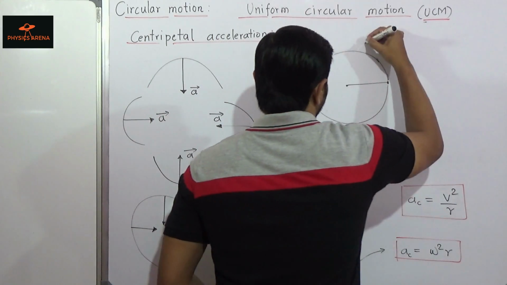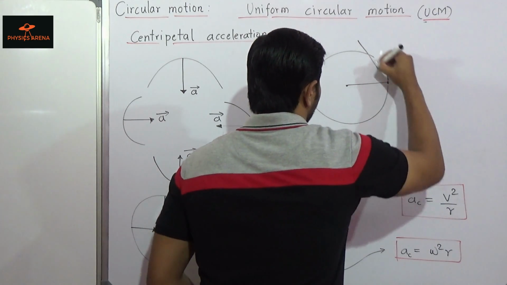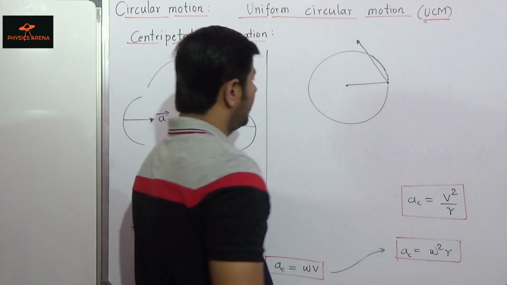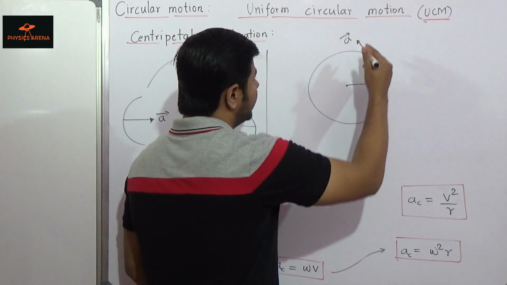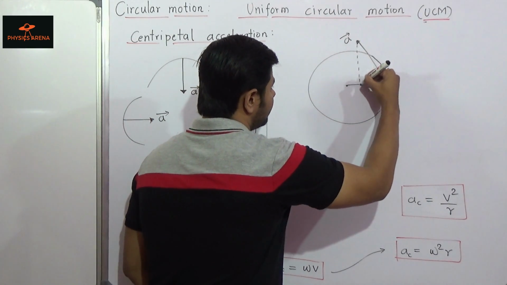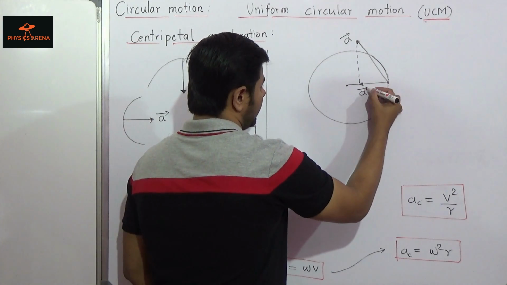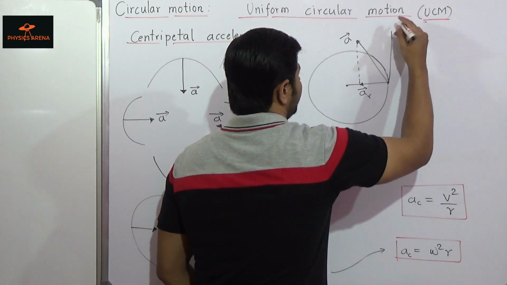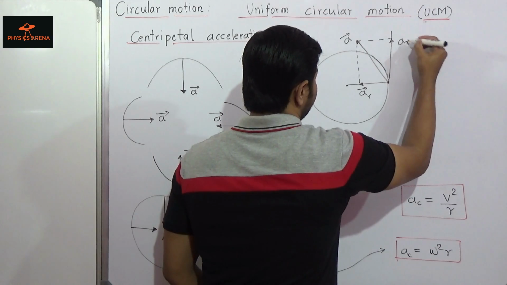So suppose the acceleration is something like this. Now I can resolve it in two components. So this is the radial component and this one would be the tangential component.